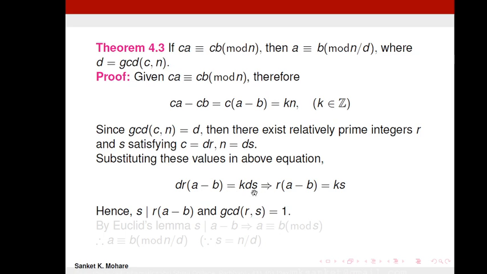On dividing both sides by D, we obtain R into A minus B is equal to Ks. Hence S divides R into A minus B.